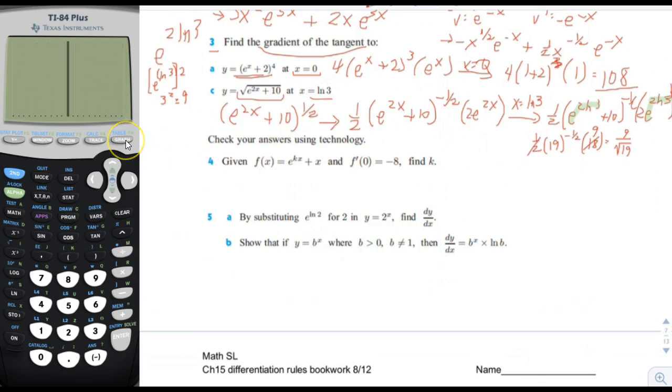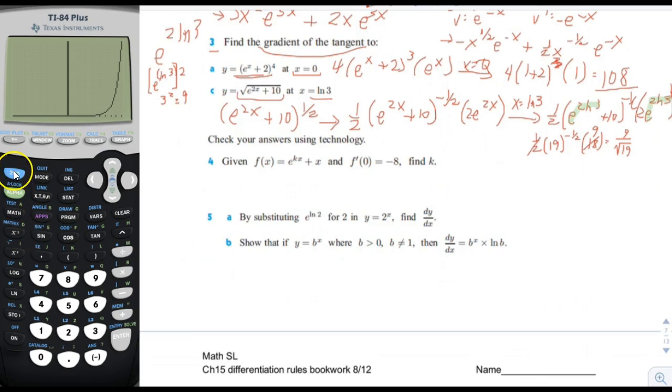I'm not sure if I can do that just by... let's see. No. Let's do a zoom fit. See what we get. Natural log of 3, I think, is going to be a number that's about 1 or something like that. Let's see if we can type in natural log of 3.